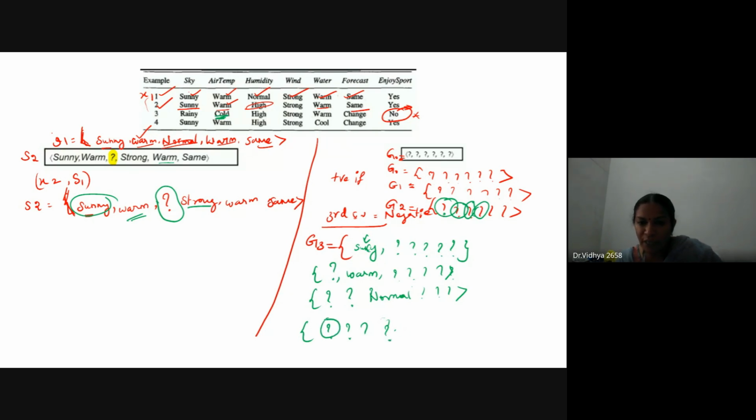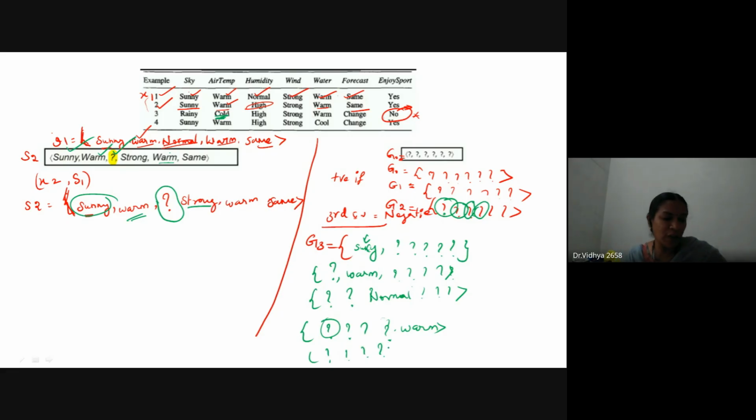So here we need to calculate the fourth attribute like this. This is question mark. Yes, we have completed this one and this one, and we have compared with this attribute too, and finally we have warm and also the same. Where we have the warm here, question mark and warm will obviously give you the result as warm, and finally question mark, question mark, question mark.